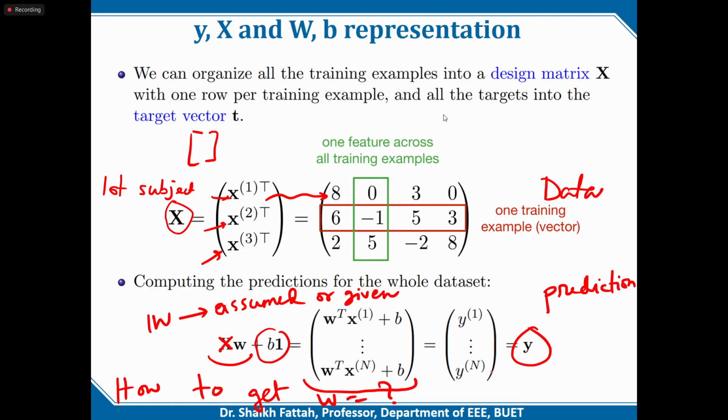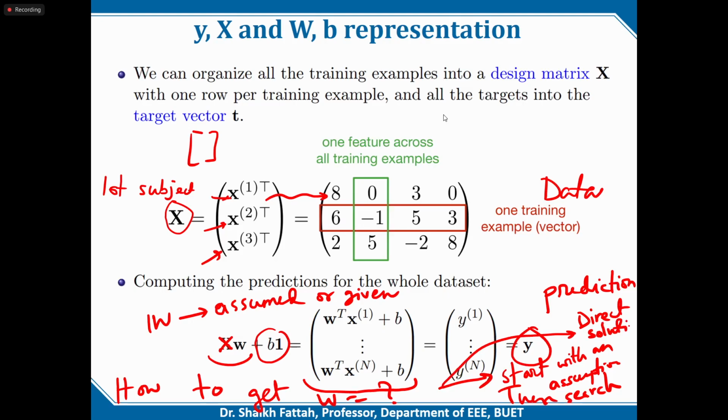One possibility is you start with an assumption and then search. Another possibility is that if somebody can directly give you a direct solution, you will be very happy.